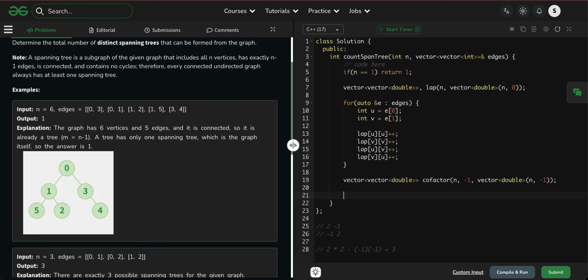This is now for int I is equal to 0, I greater than or equal to n minus 1 and I plus plus.